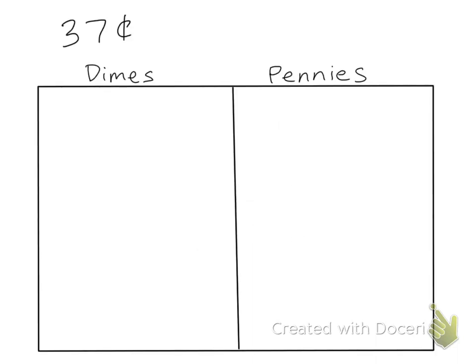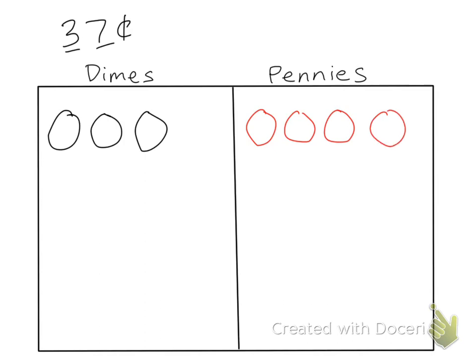What about if I have 37 cents? Let's show that information. I would have 3 dimes, 1, 2, 3, and 7 pennies, 1, 2, 3, 4, 5, 6, 7. Now we're going to add 23 cents.